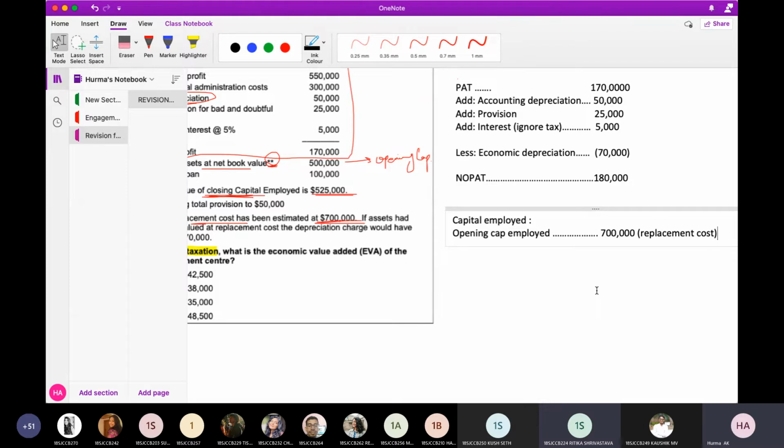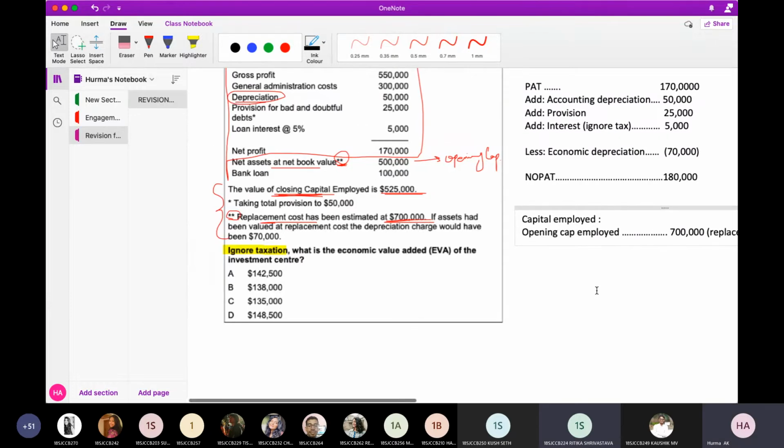Ma'am, I thought we should add that 7 lakhs as a replacement cost to the opening of 5 lakhs. Oh, no, no, no. It's not like that. As per the books, they have told you net book value. What does net book value mean? This is as per your books.